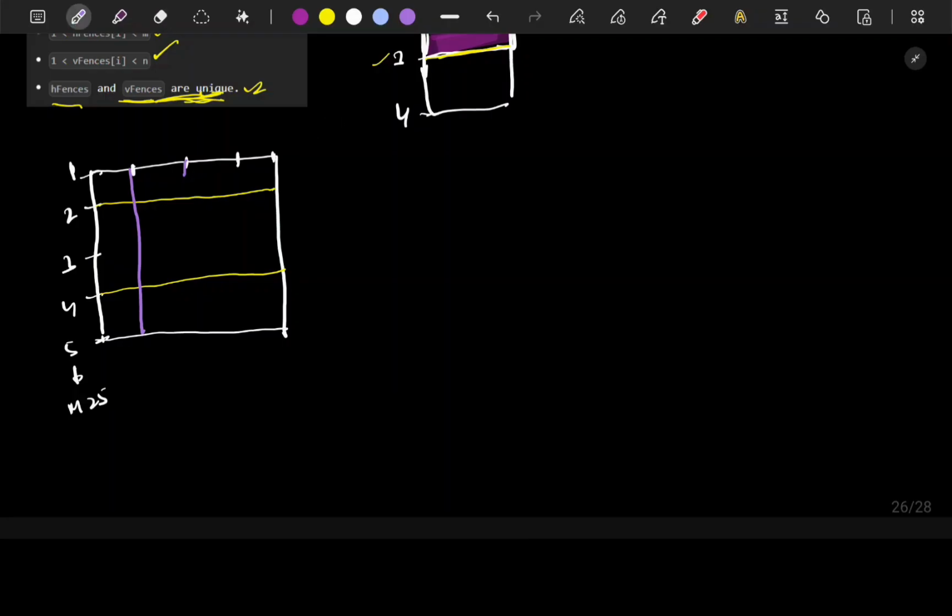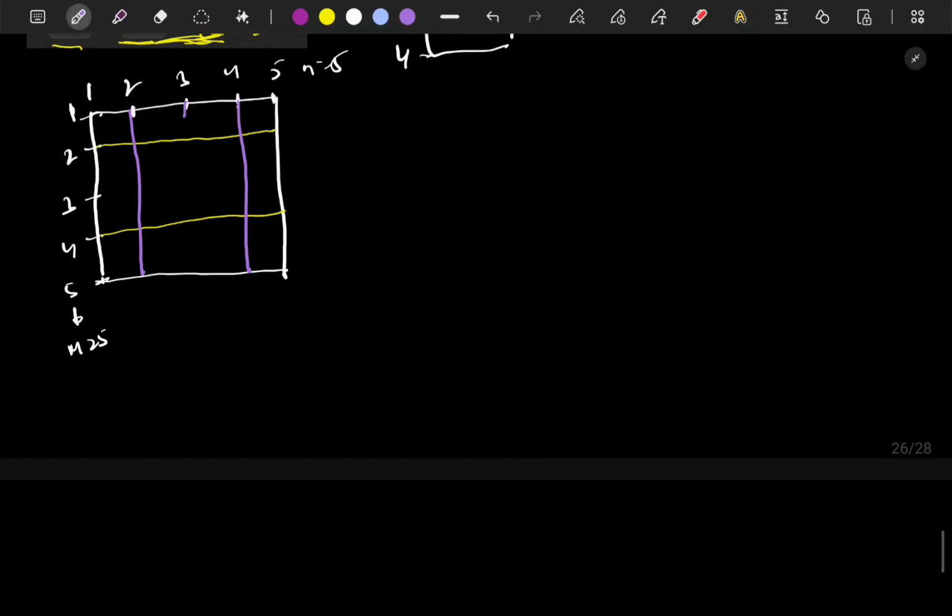This is 1 2 3 4 and 5, n equals 5, and we have these two. Okay, let's not take this one, and we will take this one. So we will be having one more question.